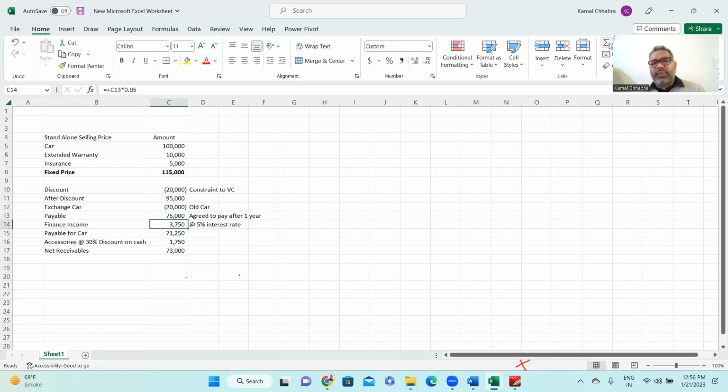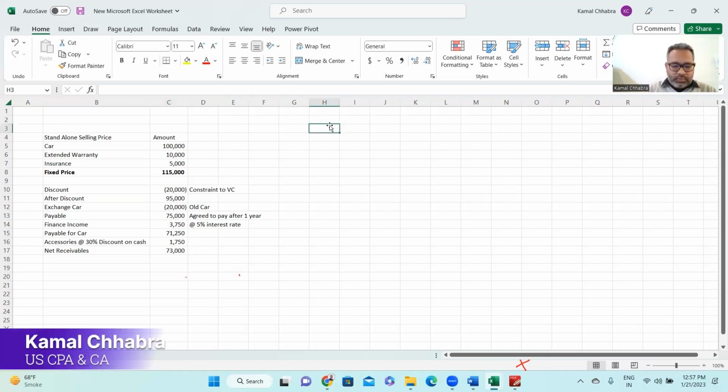That we are getting 75,000 after 1 year. Right? So if you are getting 75,000 after 1 year, that means a significant financing component is being involved. Let's assume that financing component is 3,750. So that you need to account for separately as a finance income.